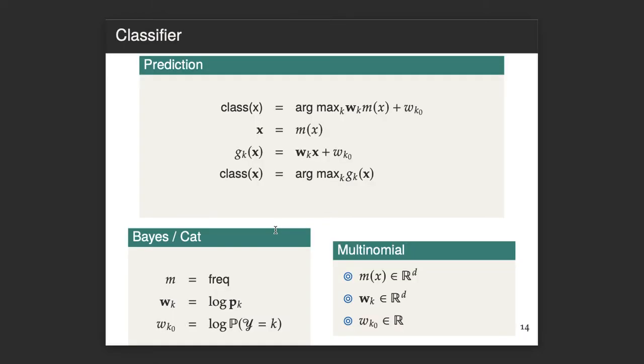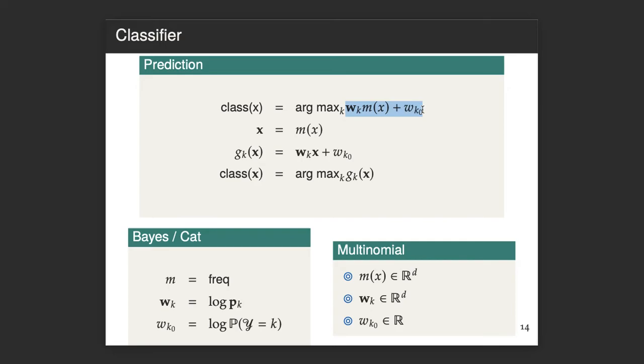Now, the general case is the following. If we are not interested in the probability of the class, if we are just interested in the class of a particular input, of a particular text, then the class is just the argmax over all the classes given the output of the model.